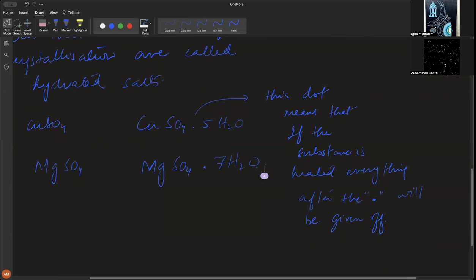Do you understand? Similarly, you have another example, zinc sulfate. So these are the hydrated salts, which are the crystals.